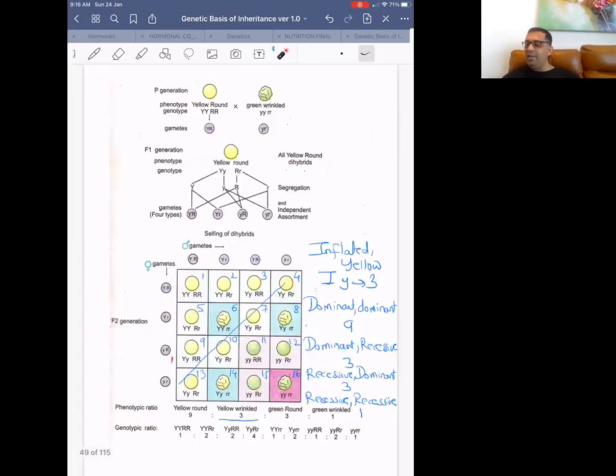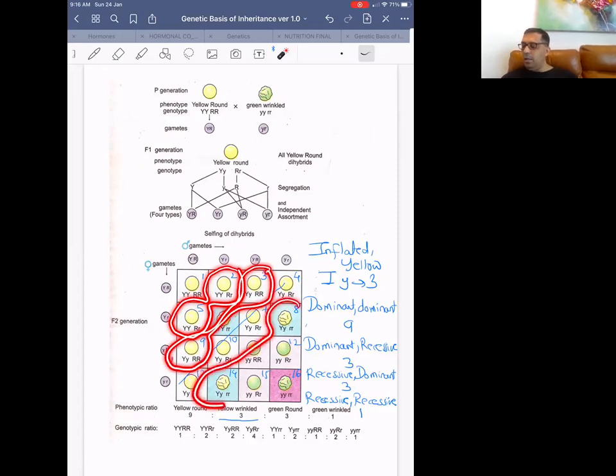I'll just revise it. Checkerboard number 2 and 5, and 3 and 9, and 8 and 14, and 12 and 15.